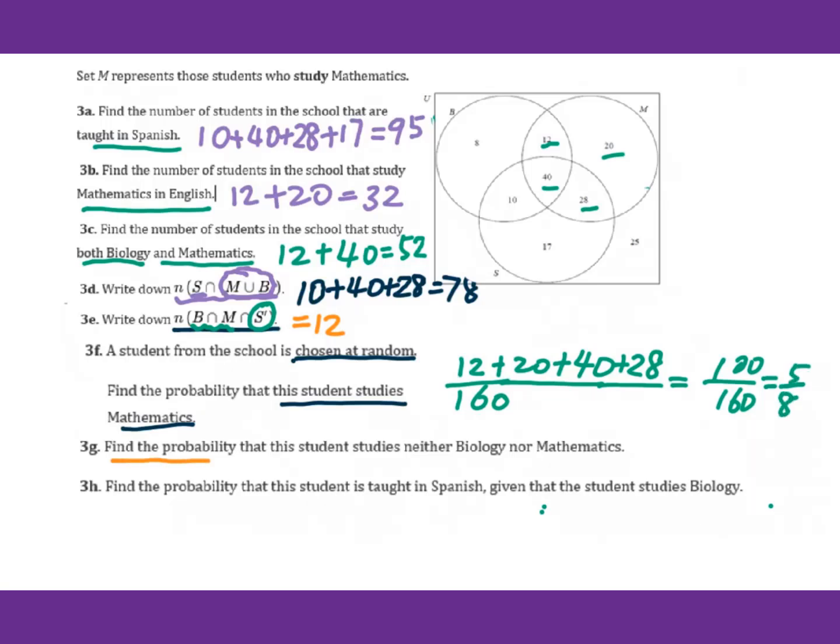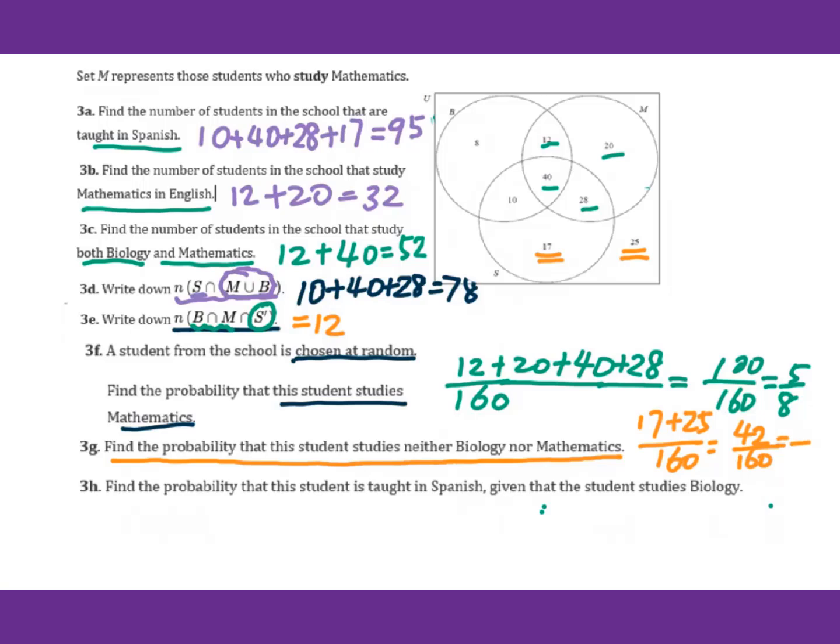Find the probability that this student studies neither biology nor mathematics. It will be this number. So 17 plus 25 over 160. You will get 42 over 160. Go to math, enter.